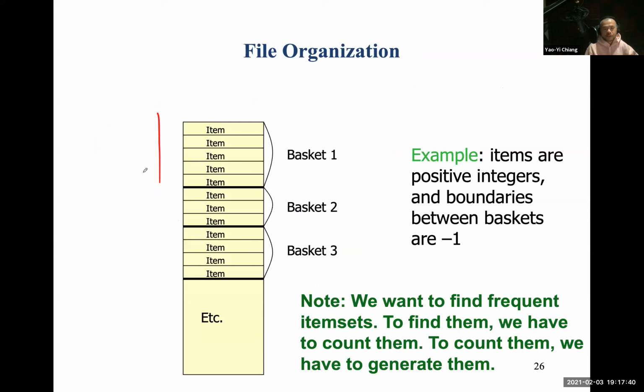So this is your typical market basket data. And here, think about this is a really large file stored on some distributed file system, but when you write code to interact with this large file, you usually don't care, right?